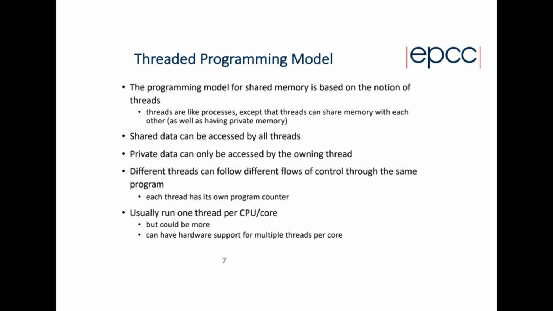Usually for performance reasons, we tend to think about having a one-to-one mapping between threads and cores. Normally we will run exactly one thread per core in the system. You don't have to do that. The operating system is perfectly happy for you to run lots more threads than you have cores, and it will try to give a fair share of the hardware resources to all the threads.